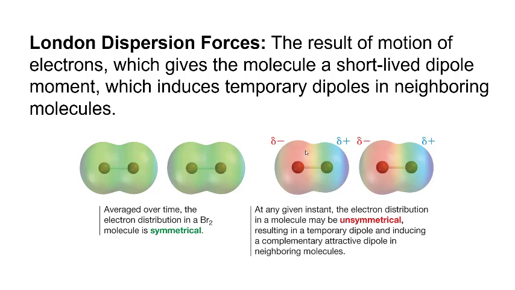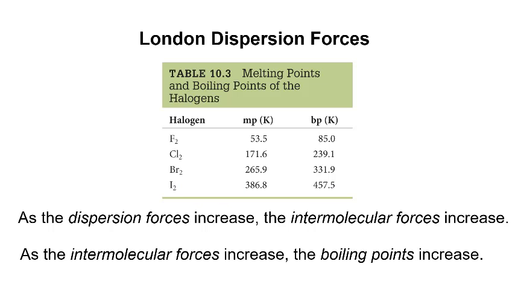So, like I said, all molecules, whether they're polar or nonpolar, can have their electrons fluctuate in where they're located within the molecule, and they all can have these London dispersion forces. Again, as the London dispersion force increases, the intermolecular forces increase, and therefore, as the intermolecular forces increase, our boiling points increase. This is the same idea that we observed previously.